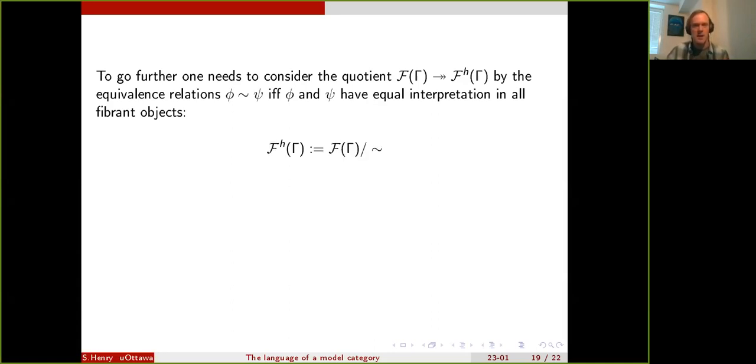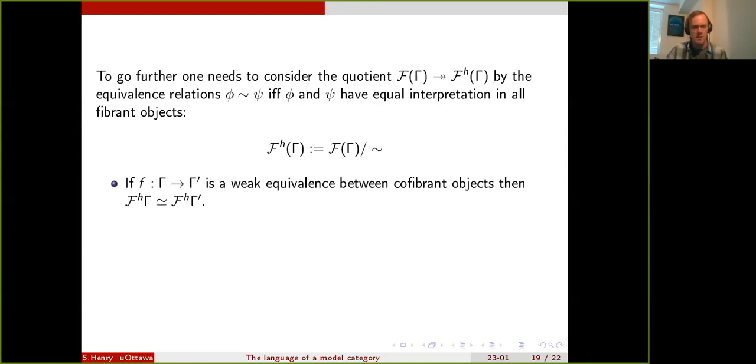And so I'm defining F_H of gamma as the quotient of F of gamma by this equivalence relation. You can check that it is still a complete Boolean algebra over C as before, but we have to identify formulas where the semantics don't see the difference between the formulas.